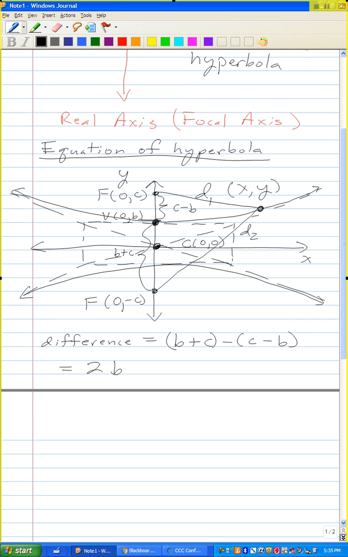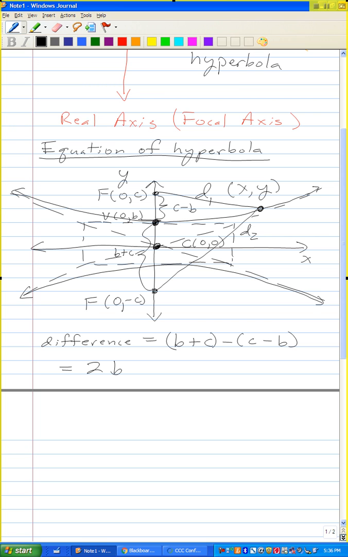Here I'm assuming that b is also greater than 0. These stipulations will actually go away because I'm going to be squaring things, and so the signs will disappear. So it really doesn't matter.